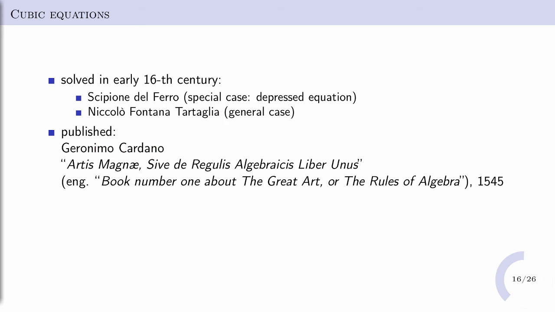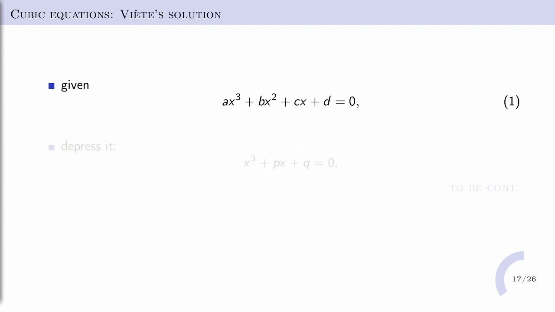And I will present you a method of solving a cubic equation which is very similar to the original work by Tartaglia. However, the method that I present here is due to Viète. It is slightly improved over the original method, but they are very similar to each other. So we are given a cubic equation.